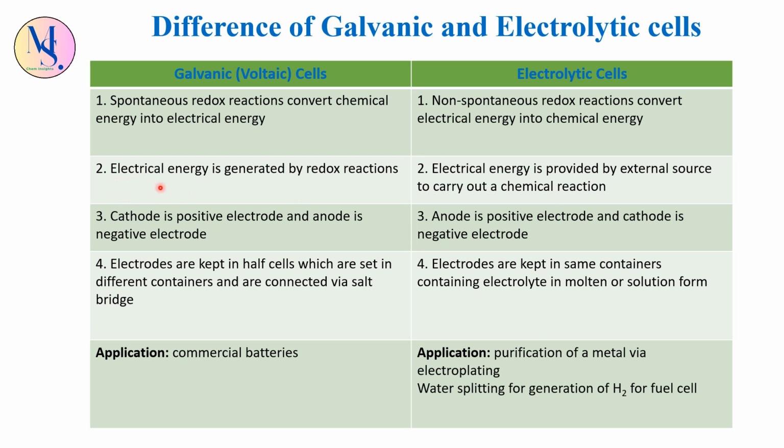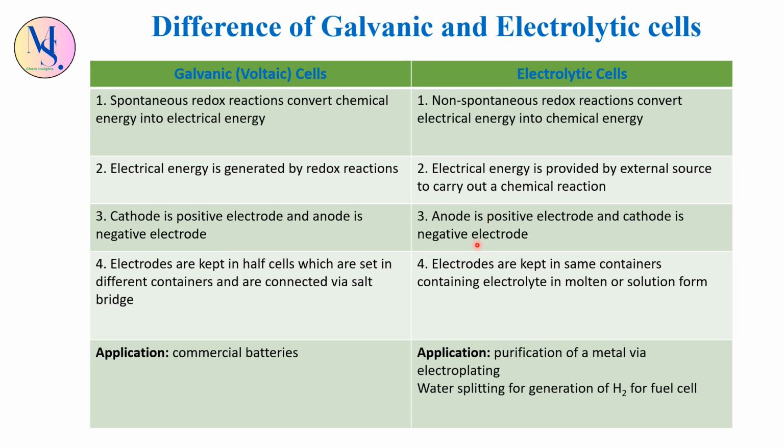In the galvanic cell, electrical energy is produced by redox reactions, while in the electrolytic cell, electrical energy is used to carry out a chemical reaction. In the galvanic cell, cathode is the positively charged electrode, while anode is the negatively charged electrode.